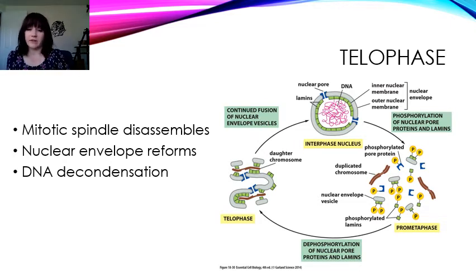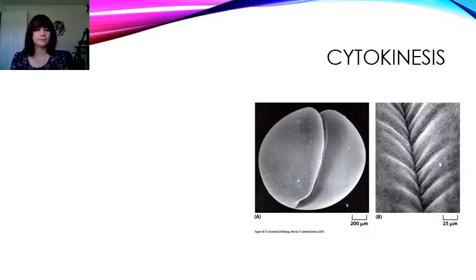And then during telophase, the nuclear envelope needs to reform. And so, just as phosphorylation causes the nuclear envelope to break apart, by dephosphorylating or removing those phosphate groups from the pore proteins and from the lamins, that's going to allow them to start to aggregate together. And they aggregate into these little vesicles that eventually fuse together and reform an entire nuclear envelope.